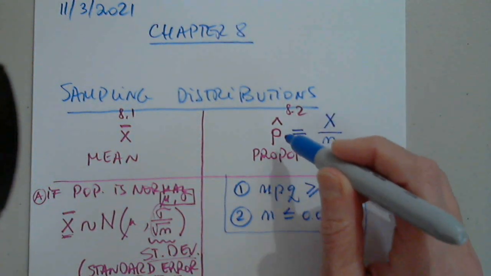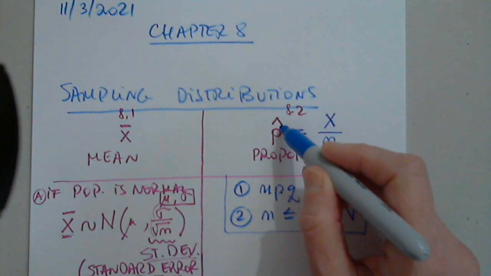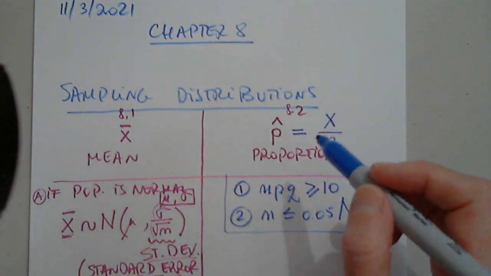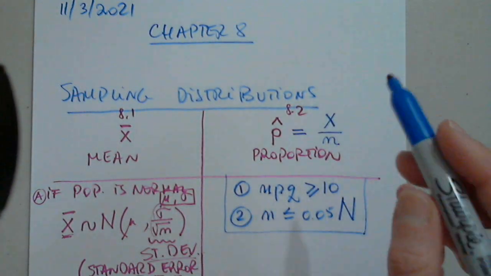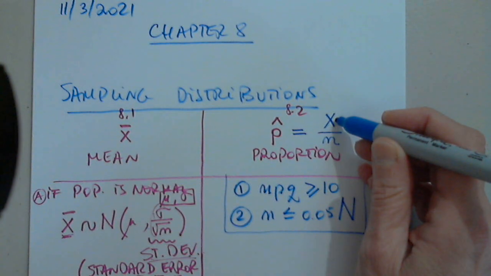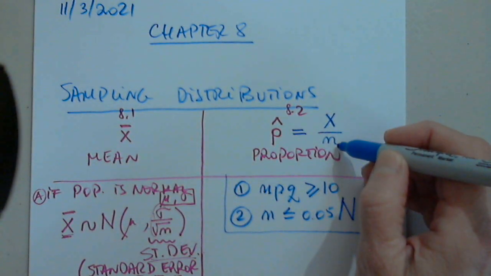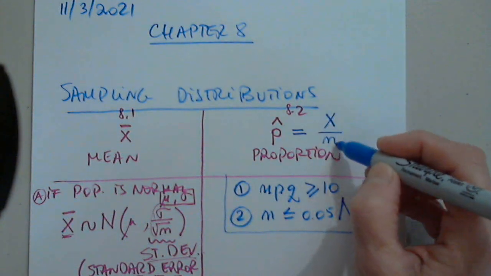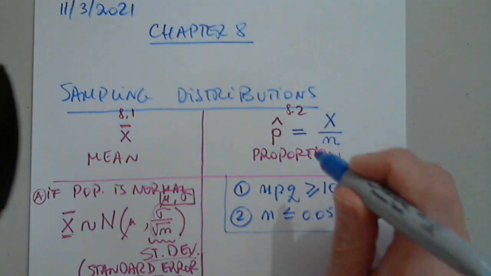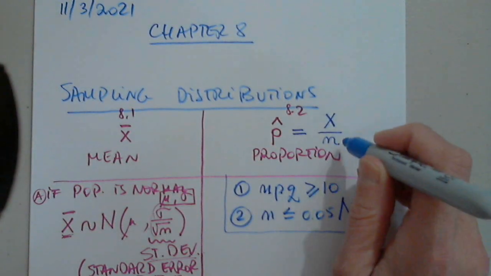So this is my proportion in the sample. This is P hat, okay? So I get a sample. I count the number of people who have dark eyes over the sample size, and I determine the proportion of people with dark eyes in the sample.